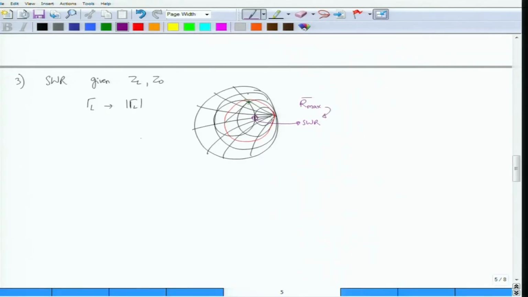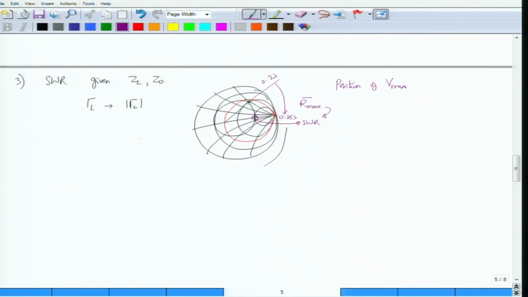Incidentally, if you extend this line and find out how much you had to move, so let us say this is around 0.2 lambda and this is 0.25 lambda, the distance that you had to move from 0.2 lambda to 0.25 lambda to get to the SWR tells you the position of V max, because on this side the voltage would be maximum. That is why you get R max bar over here.